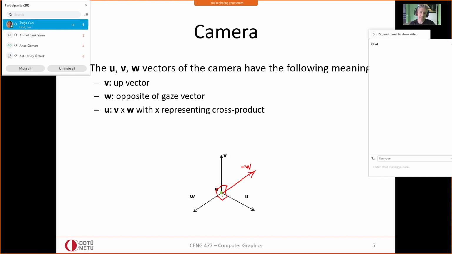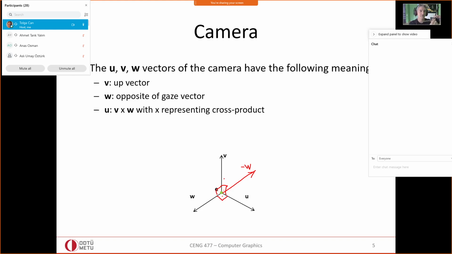Sometimes the gaze is given, but the up vector is given in such a way that it shows, for example, maybe what I'm saying is this. Let me use some, so this may be the gaze, okay? Now I'm going to use a second pen here. So the up vector, as you can see, should be orthogonal.